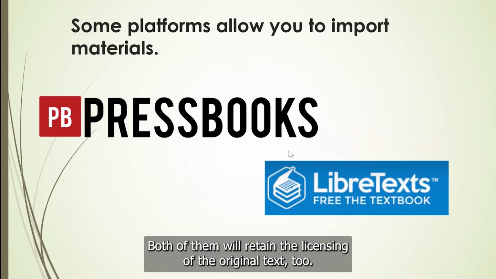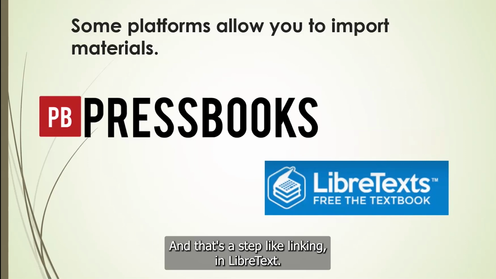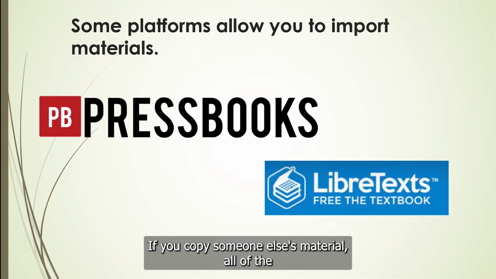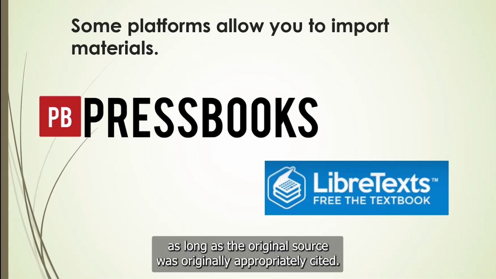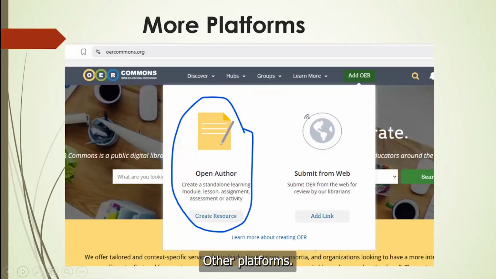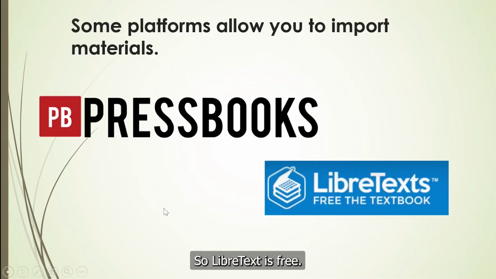Both of them will retain the licensing of the original text too. And that's a step, like linking in LibreText. If you copy someone else's material, it'll just be appropriately cited as long as the original source was appropriately cited, right?